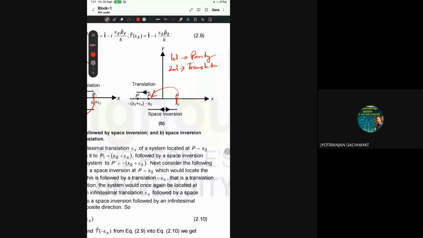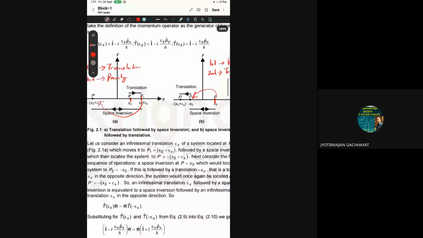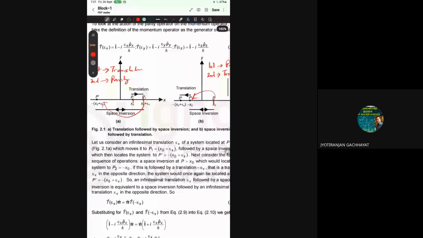And if we want to go to the same point P prime, from minus x0 we have to take another step of minus epsilon x, in the negative x-axis.